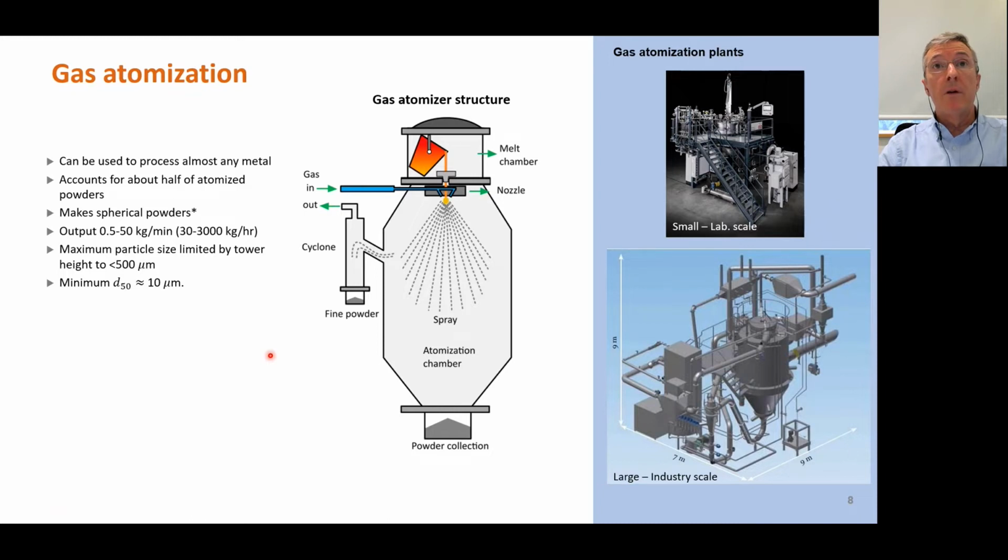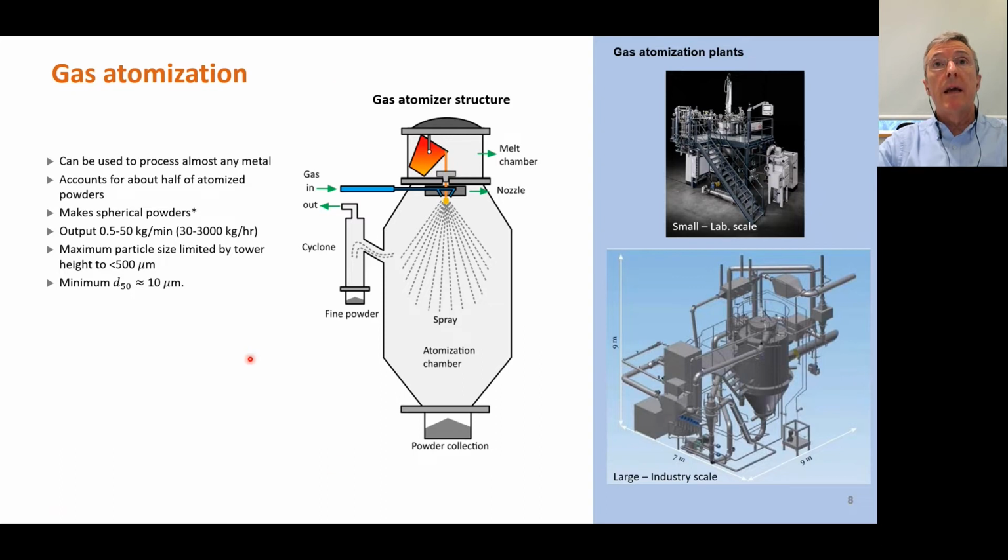You can make spherical powders, usually, and it can be industrially scaled up to about 3 tons per hour. You have a limit in the maximum particle size. So if you want to produce shot, for instance, you're limited by the chamber's height to below 500 microns. And also you have trouble producing very, very fine powders below 10 microns.